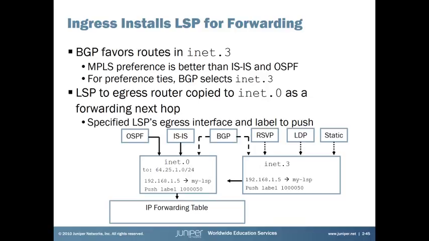And the LSP to the egress router is copied into INET.0 as a forwarding next hop, and specifies the LSP's egress interface and the label to push. So all that goes into the routing table and the forwarding tables. The INET.3 information is updated into INET.0, which updates the forwarding table.